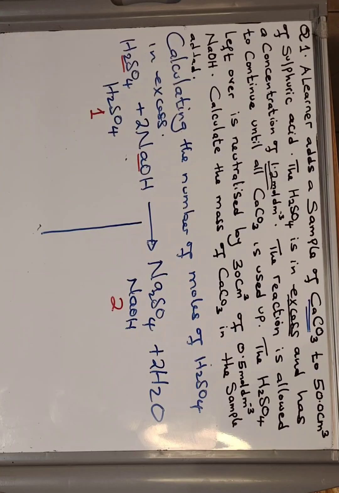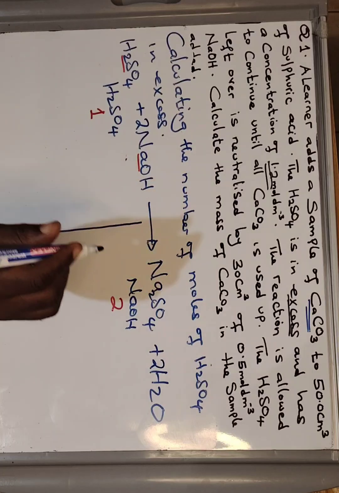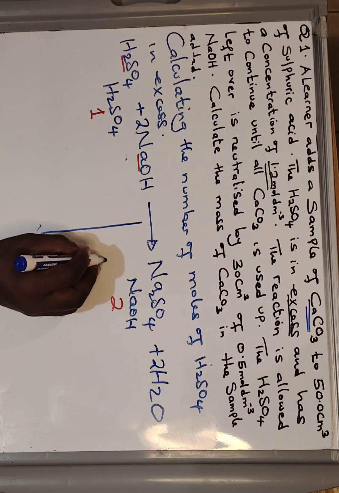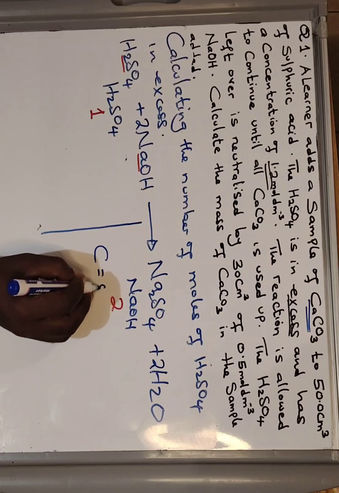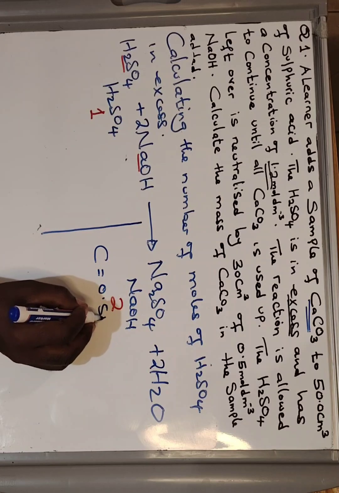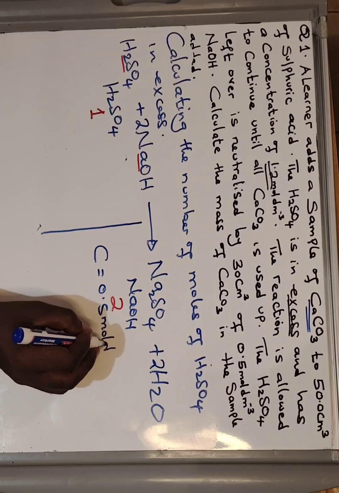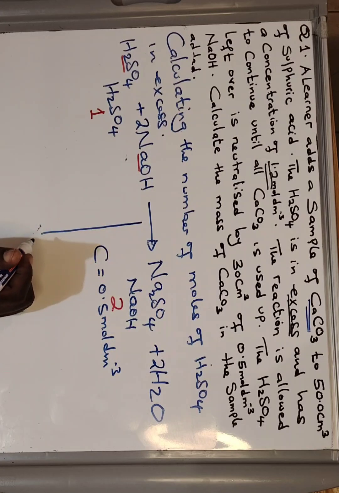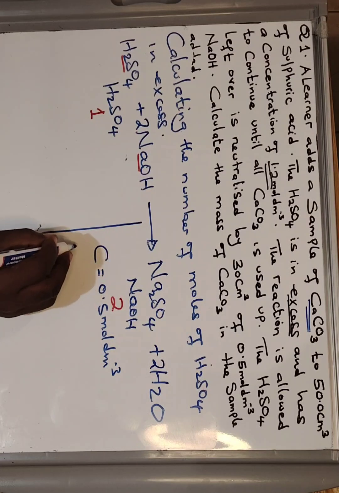Now, when you reach this stage, you start from the known. We normally move from known to unknown. The known is sodium hydroxide. We know its concentration, which is 0.5 moles per cubic decimeter. And what else do we know about sodium hydroxide? We know the volume.